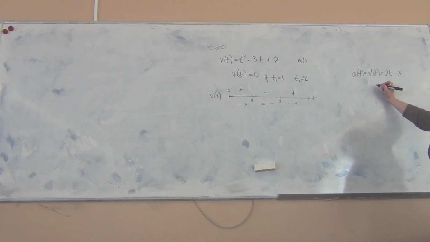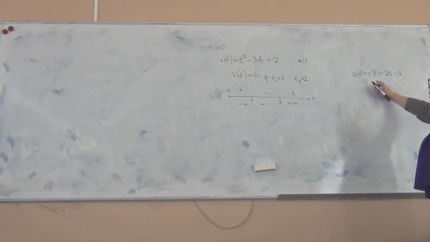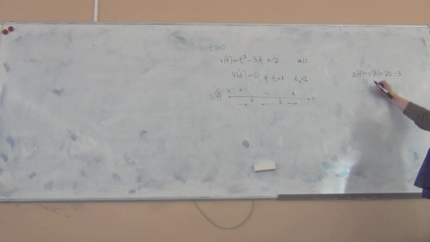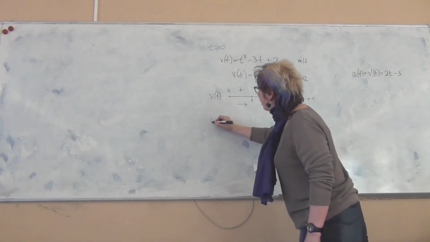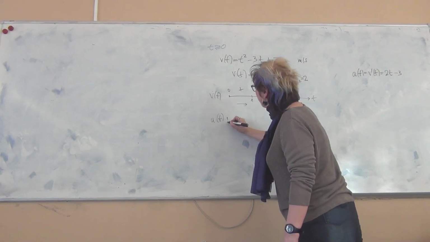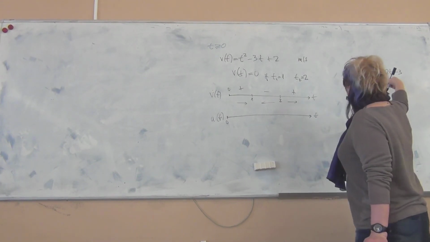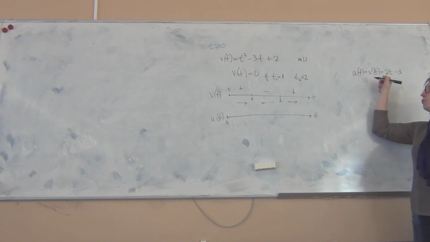And so we can find the moment where the acceleration is 0, and so on. If necessary, we can check the signs of acceleration. So for acceleration, the same thing, a of t, zero moment: acceleration is 0 at time moment 1.5.